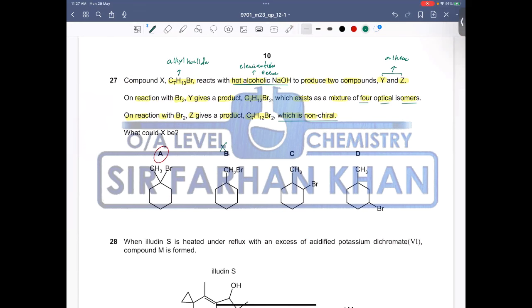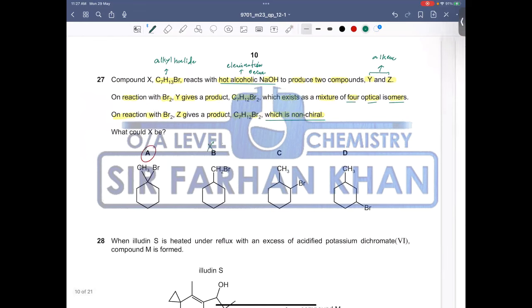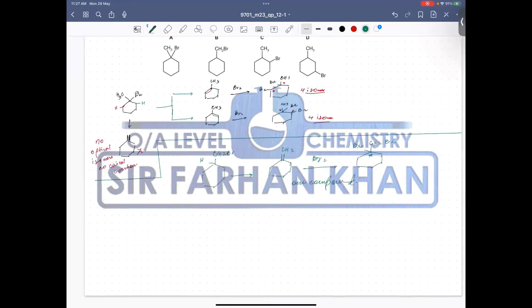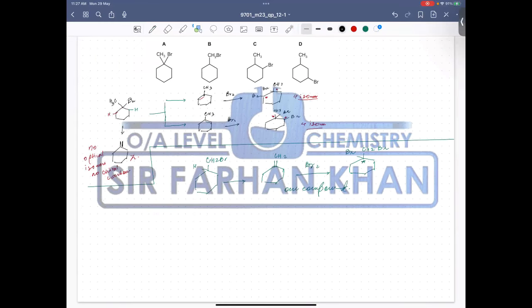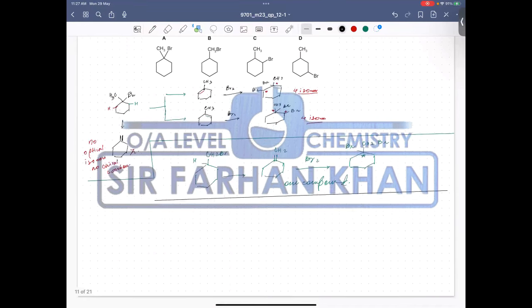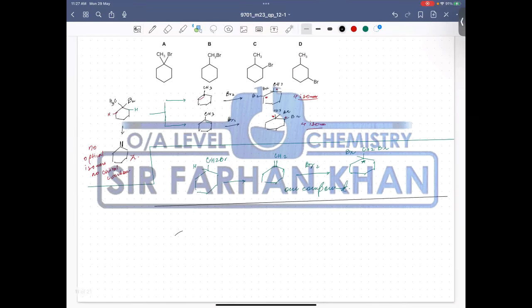Let's talk about C. That's a very crazy question. It has a lot of working actually. This is CH3 and this is Br. So elimination takes place from here and from here, either from here or from here, which means we are getting two different structures.